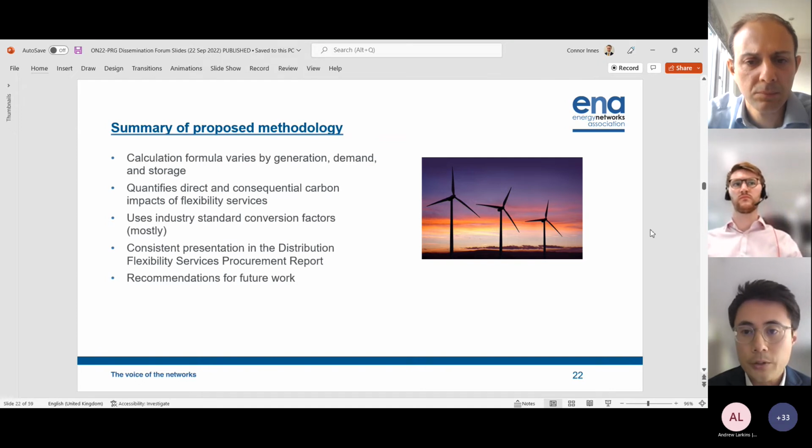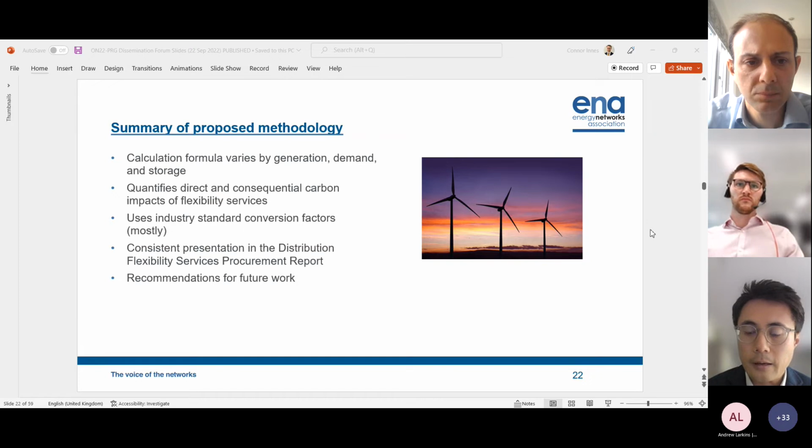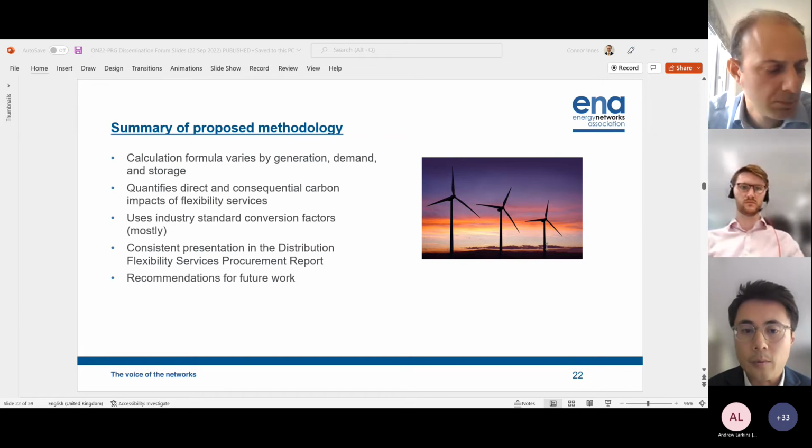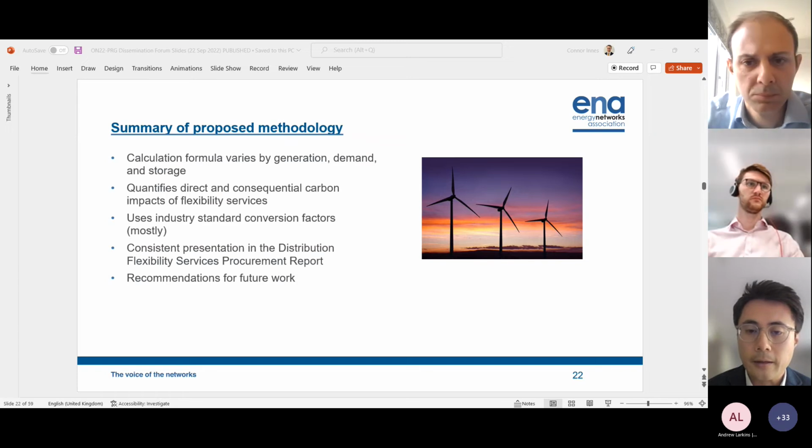The conversion factors we use are mostly industry standard. So when I say conversion factors, I mean emissions factors from burning different types of fuels, also the carbon intensity of the grid electricity that's imported, and also the efficiencies of different generators. So we've used the standard.